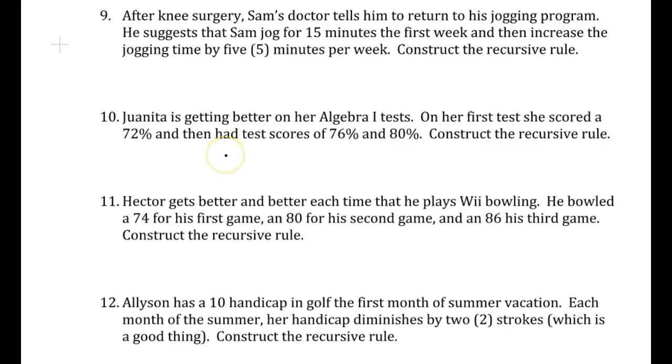So here, let's just go ahead and list them. We have the starting, we'll just use the smallest number here. So our start at 72%. And so our next value is going to be whatever the previous value is, plus or minus how much. So let's look at these numbers that we are given, 72%, 76%, and 80%.